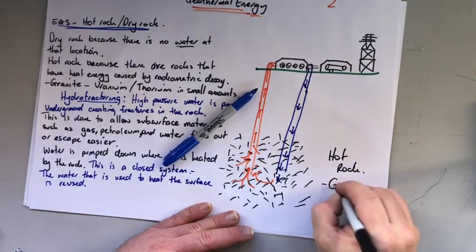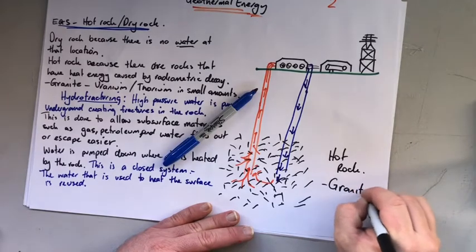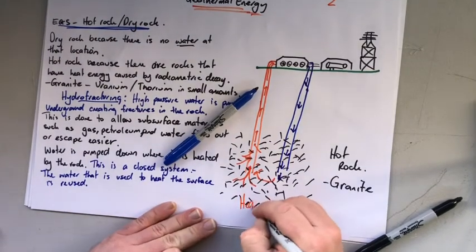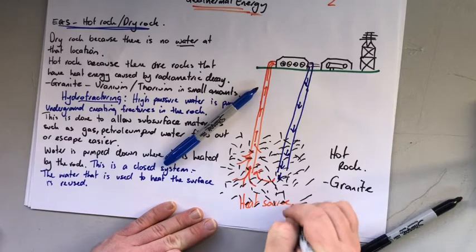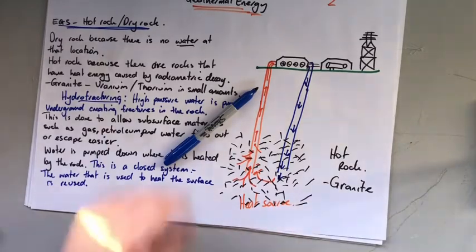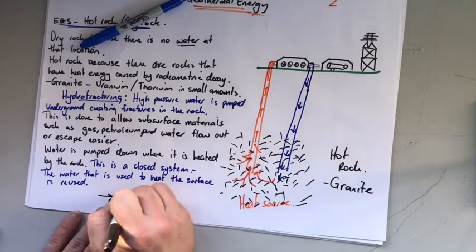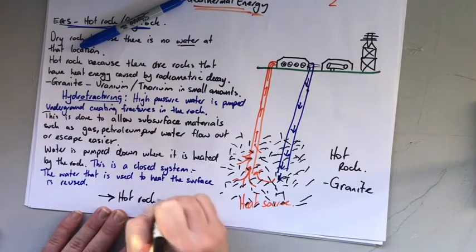And like I said, most commonly the hot rock is granite. That's our heat source. So, what do we need here? What are our site requirements? Well, we need a hot rock. We need granite.